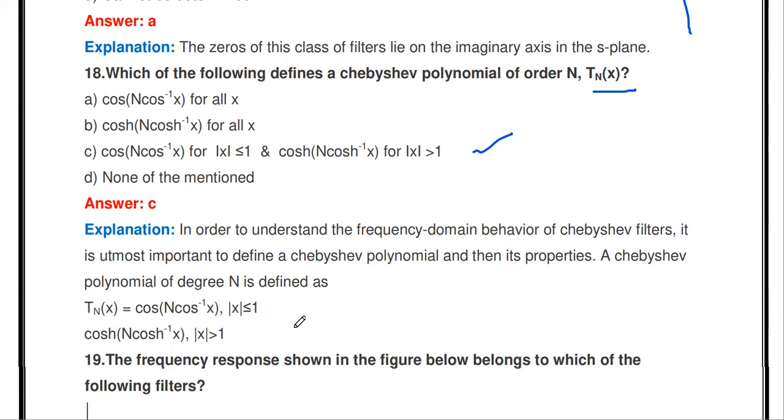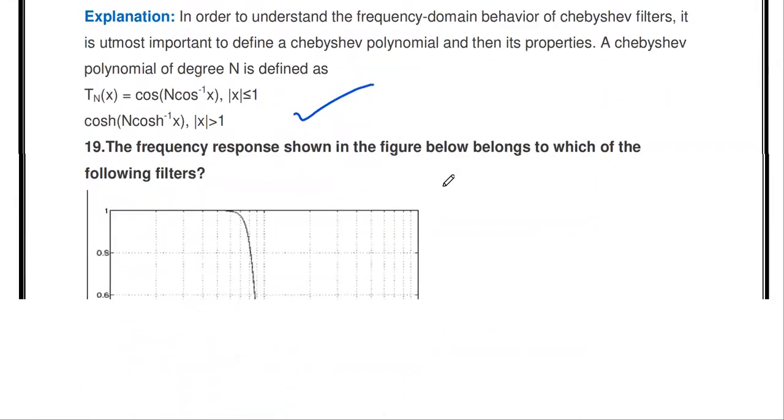So C is the answer. This is the Chebyshev polynomial of order n.